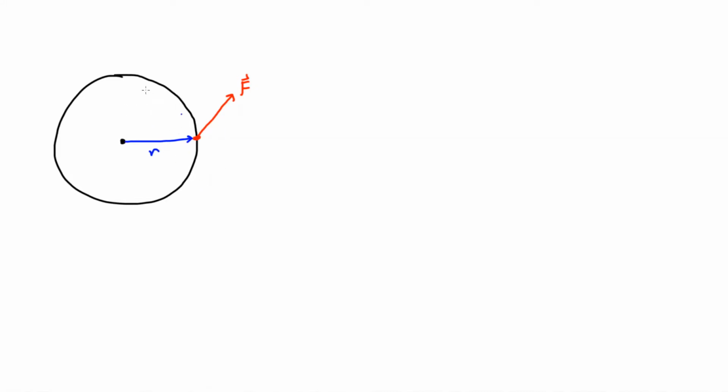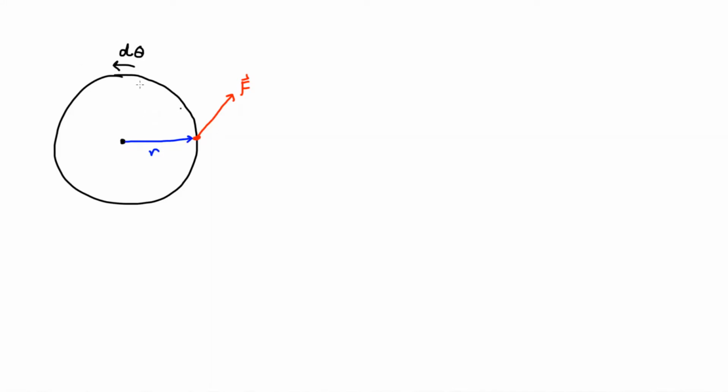So when I apply this force, I can see that this force is going to make the wheel want to rotate counterclockwise like this. So this wheel is going to rotate through some little infinitesimal angle. I'll call that little infinitesimal angle d theta.